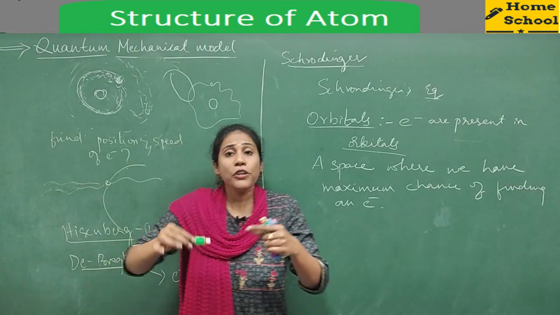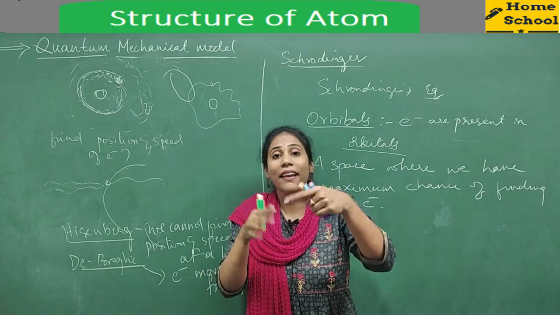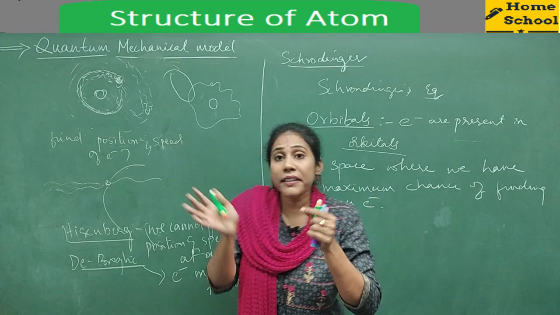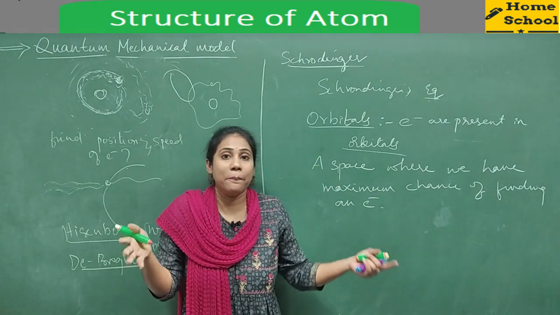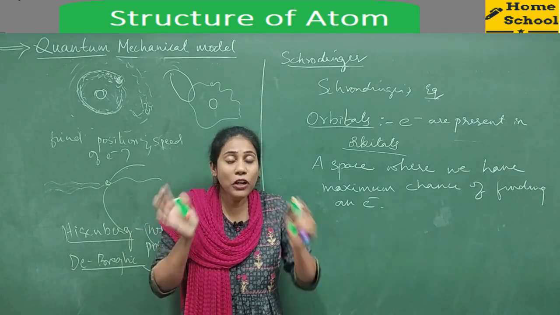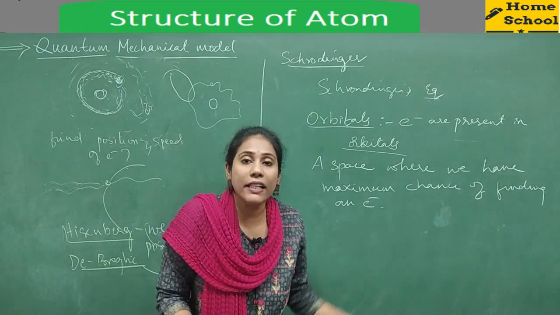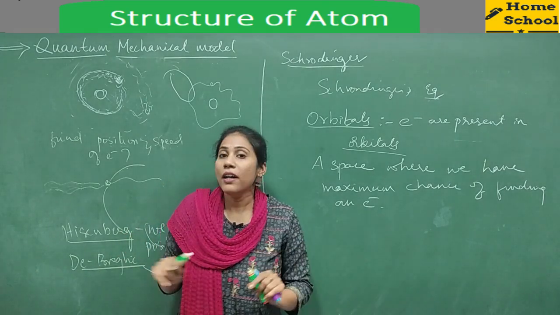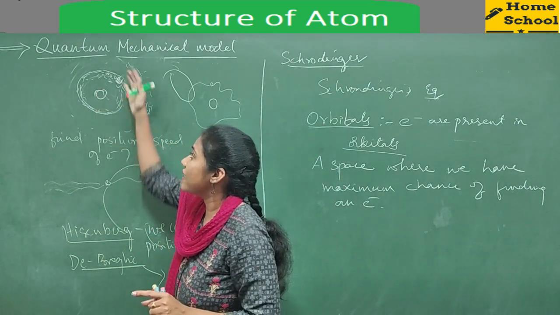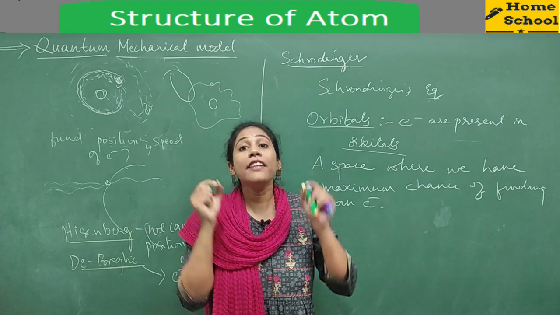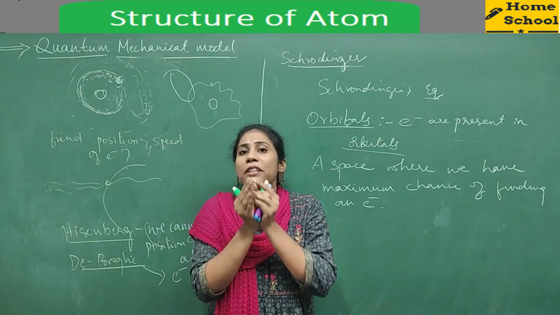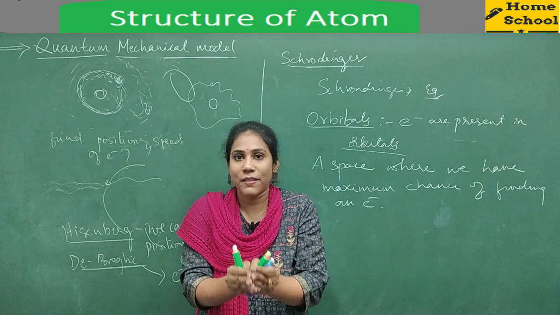So the space where the electron spends its maximum time, where the electron is revolving maximum time, we call orbitals. The various electrons you have around the nucleus are situated in orbitals. So orbital is just a three-dimensional space, guys, nothing else.